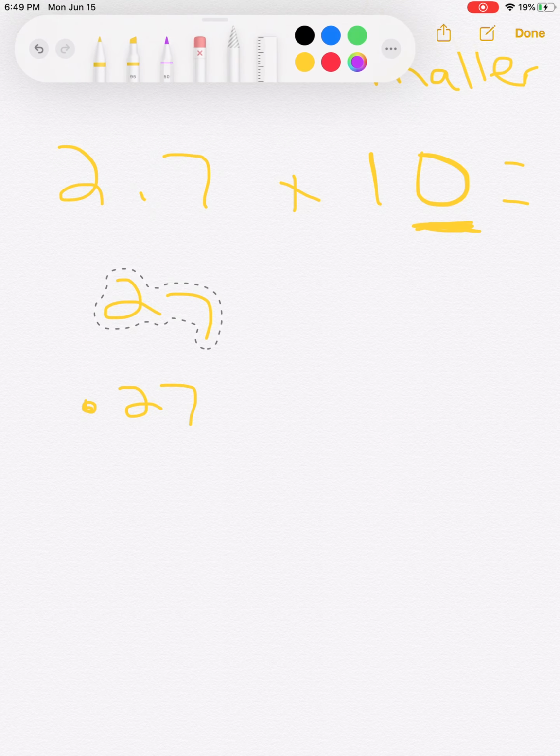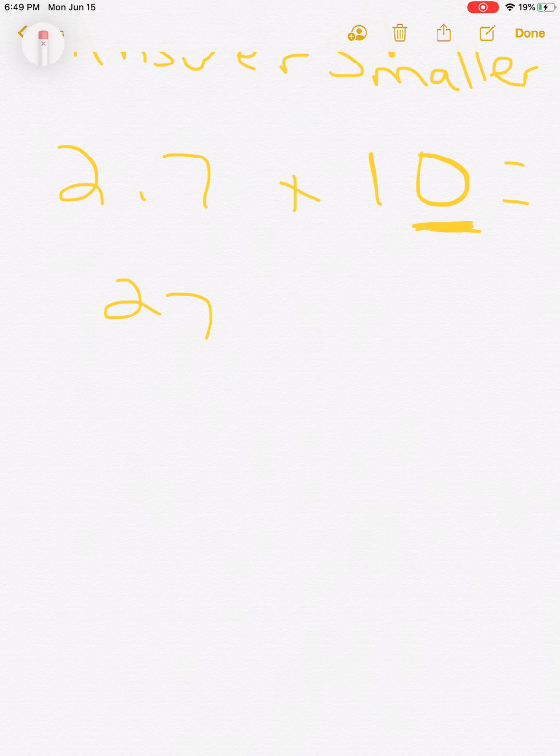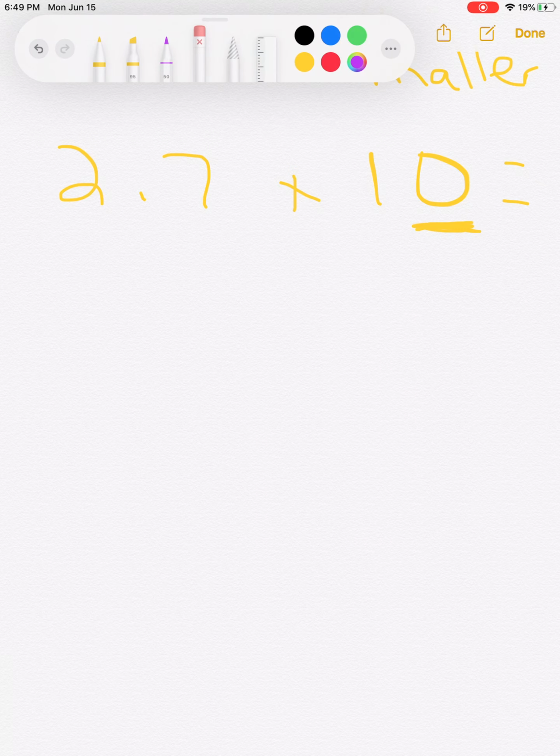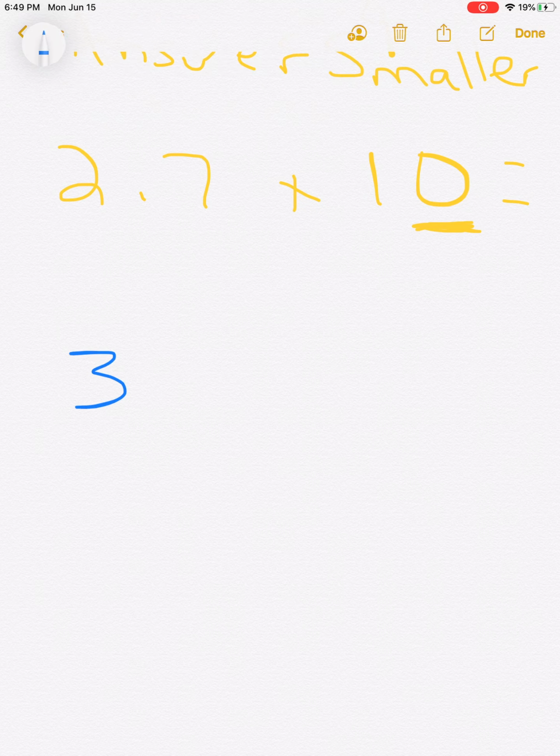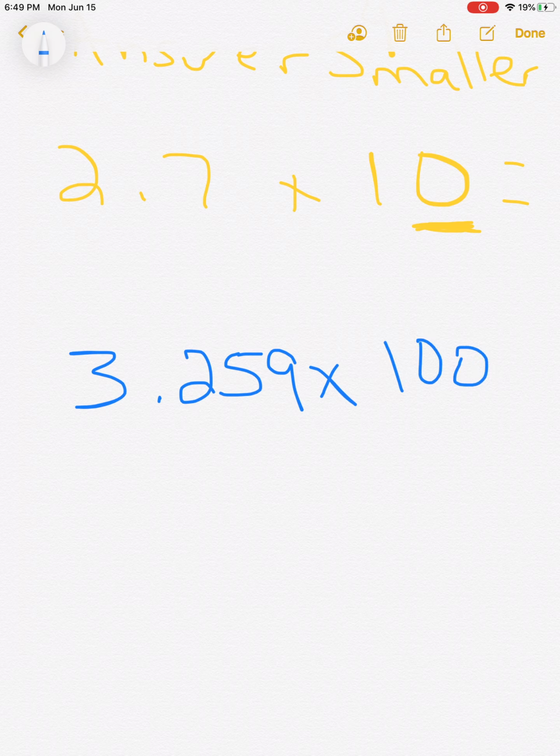I'm going to erase a little bit here so we have enough room. Let's try a different one, and I'll change colors, okay? Let's try 3.259 multiplied by 100. First thing I want to do is count our zeros in our base 10 number. 1, 2. There are 2 zeros there.